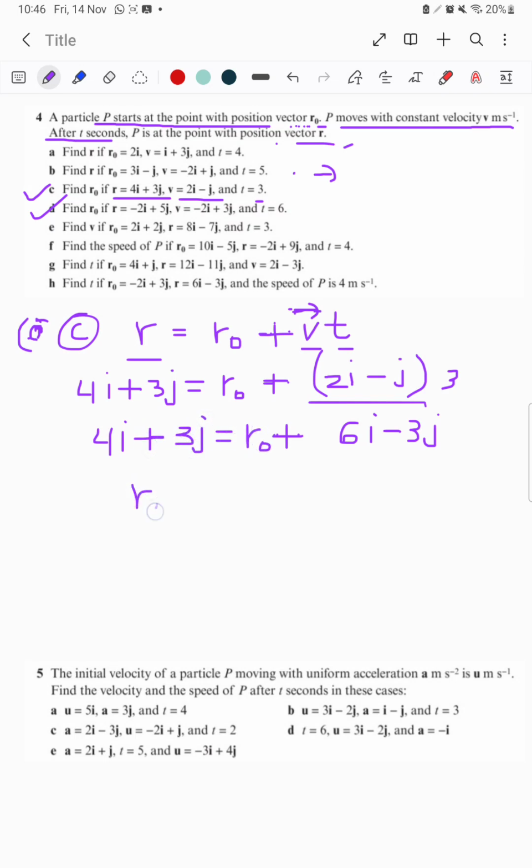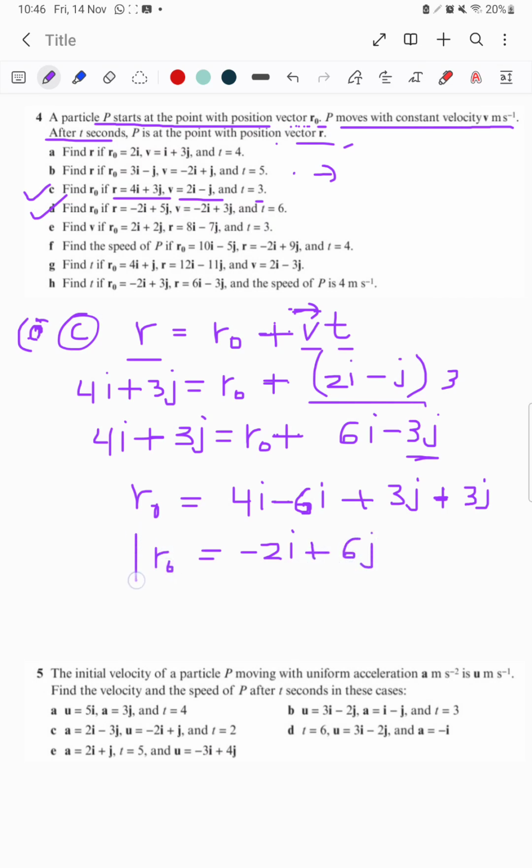So r0, if you have to find out, it will be 4i minus 6i and then plus 3j plus 3j. Sorry, this will be plus 3j, because if you take it to the other side it will be minus 3j minus, so it is minus 2i and then plus 6j. So this is the initial position of the particle.